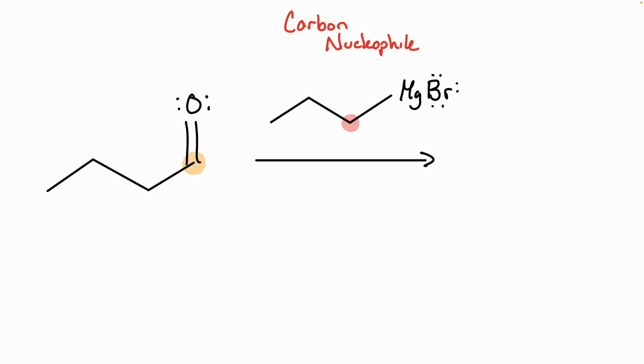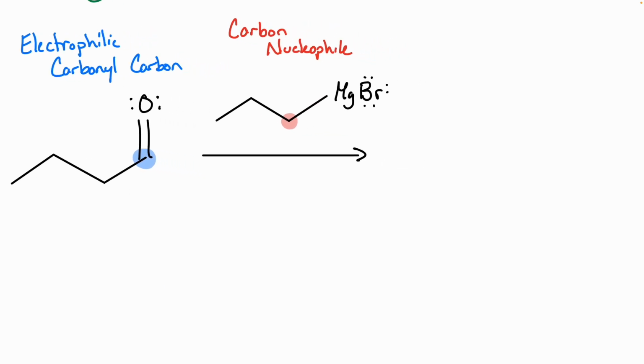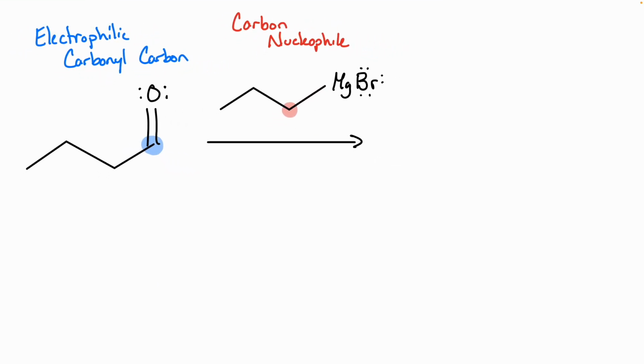This thing right here, we have our electrophilic carbonyl carbon. And in this reaction, we have our nucleophile doing what nucleophiles do and attacking electrophiles. So we're going to get this new carbon-carbon bond.